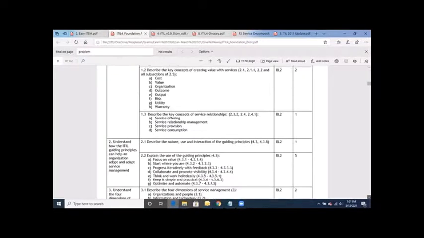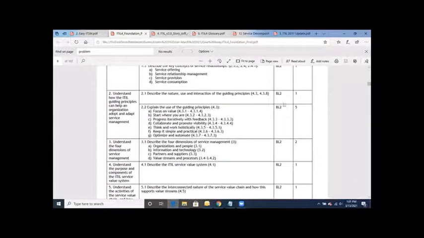After that, guiding principles का एक question आता है. बड़ा simple 7 guiding principles है. We will go through that tomorrow. After that, 5 guiding principles में detail. 1 तो ये आता है कि guiding principles है क्या. So that is what is 1 mark.